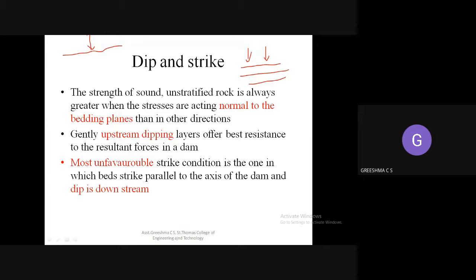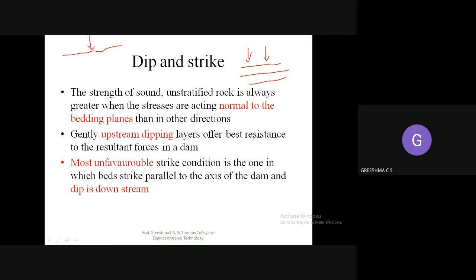So always the unstratified rock will have more strength. It can take more load compared to stratified rocks.